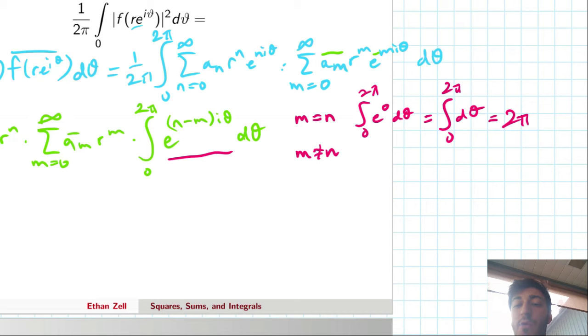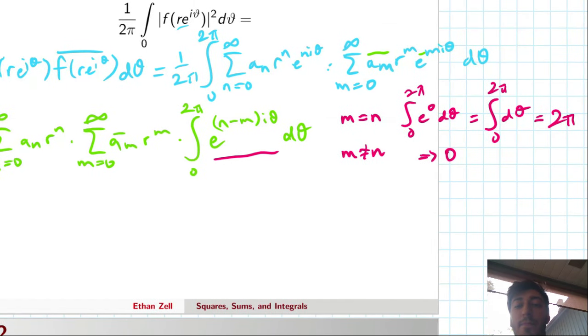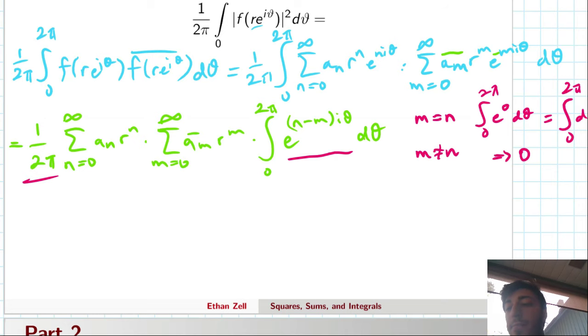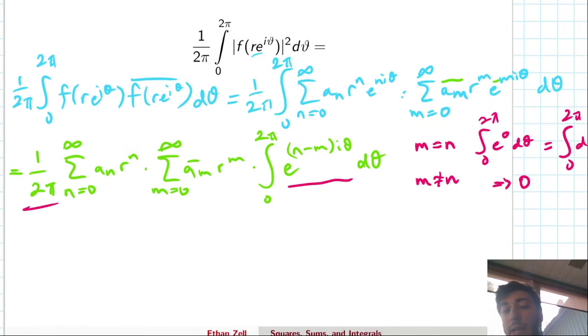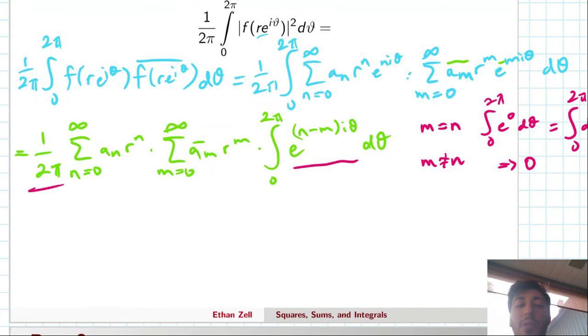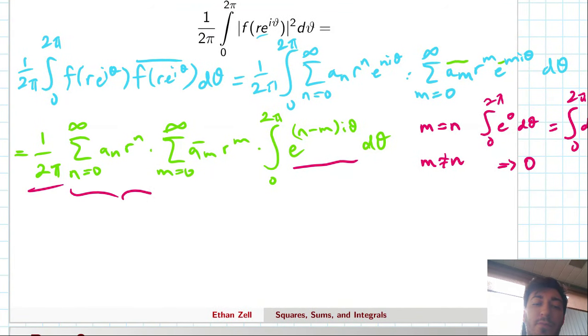So by Cauchy's formula, an analytic function has integral 0, when we just take that circular integral, which is what we're doing with respect to theta. So we get 0 and we get 2 pi. That means that all these horrible cross terms that are going to be generated here when n is not equal to m are all just 0, which means that all we have left, the only terms that have value at the very end, are the terms where m is equal to n.